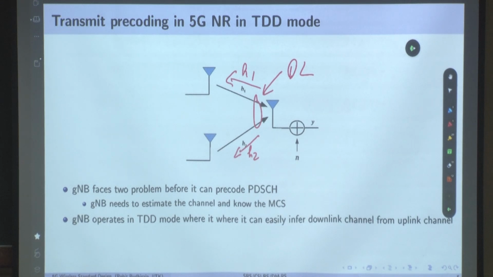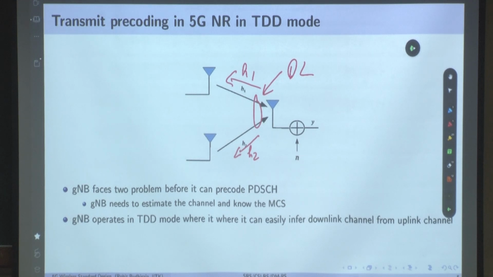If the base station knows the channel in the uplink direction, and because it is operating in TDD, the downlink channel can be assumed to be the same as the uplink channel. That's an assumption we are making. But then the base station needs to estimate this uplink channel. Once it has the uplink channel, the downlink channel can be assumed to be there with the base station.